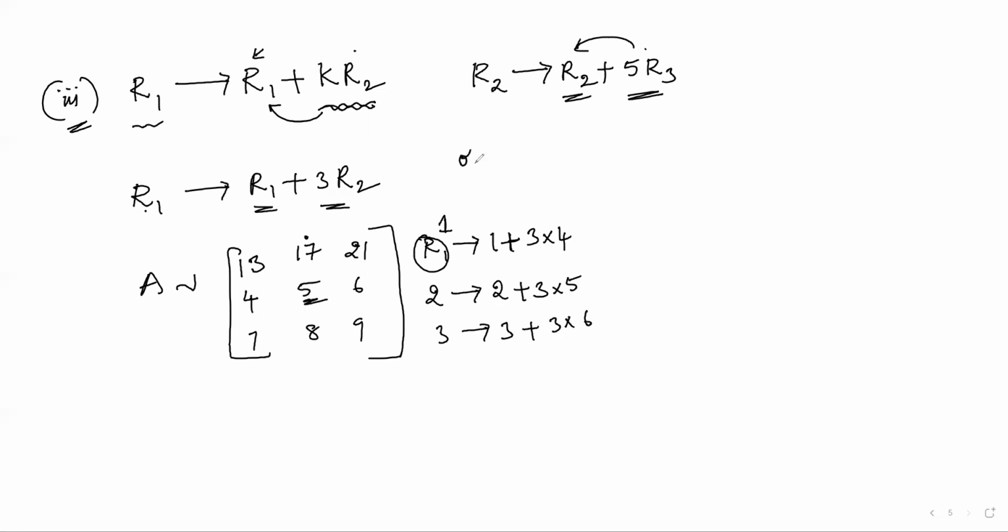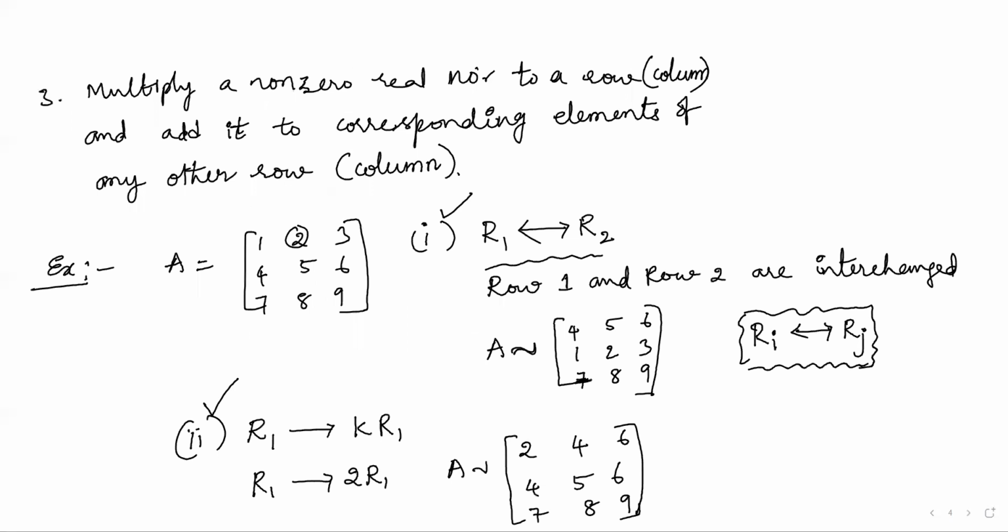Or you can do it like this: R3 becomes R3 minus 2 times R1. You can do this also. Hope you are clear with this. Okay, these are the elementary row operations.